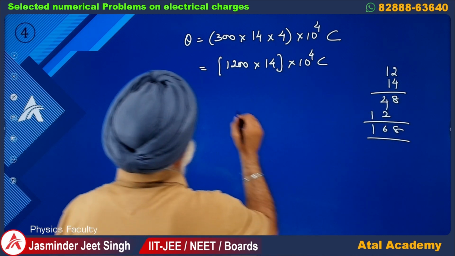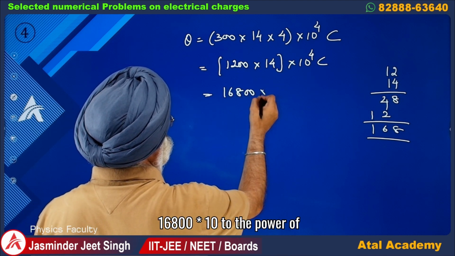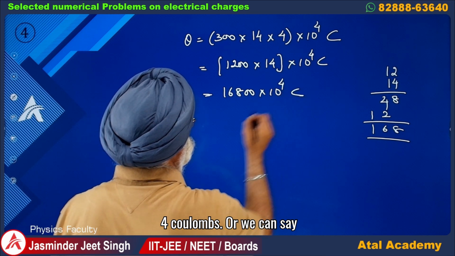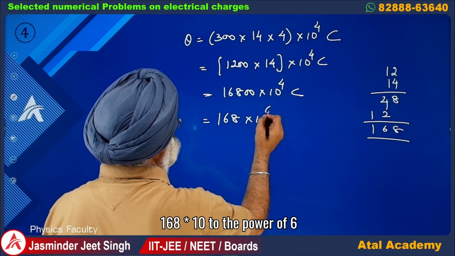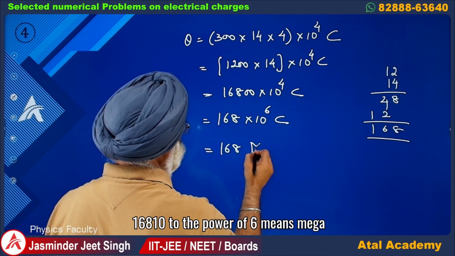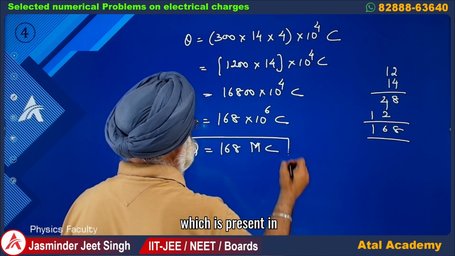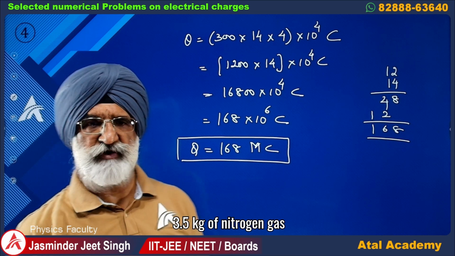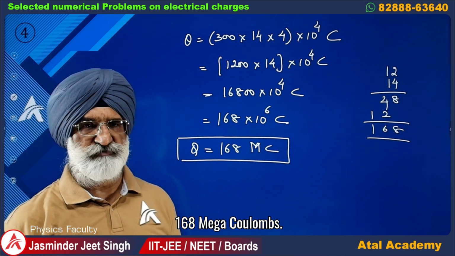It will be 16800 into 10 to the power of 4 coulombs, or we can say 168 into 10 to the power of 6 coulombs. So 168 into 10 to the power of 6 means megacoulombs. The total charge present in 3.5 kg of nitrogen gas is 168 megacoulombs.